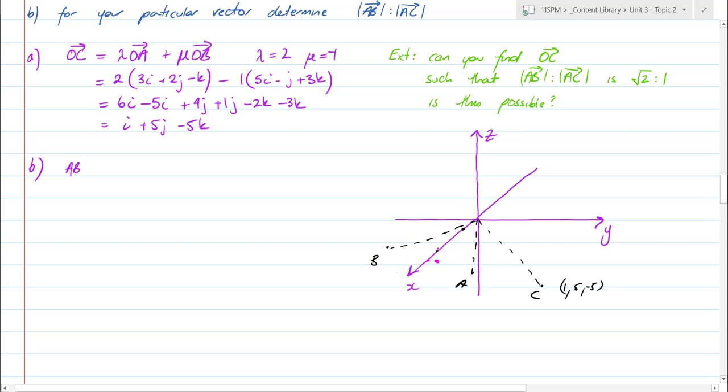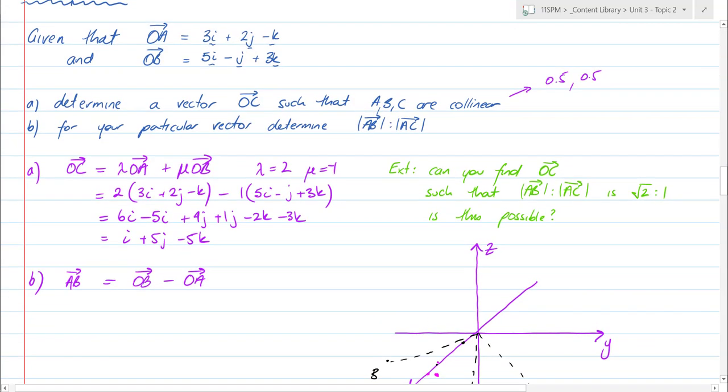to do this calculation, we need to know what AB is. And AB is equal to OB minus OA. So to get from A to B, you have to go from A to O, which is negative OA, and then O to B. I'm going to do that subtraction. OB minus OA is 2I minus 3J plus 4K.